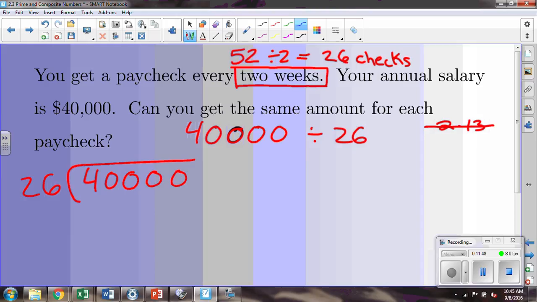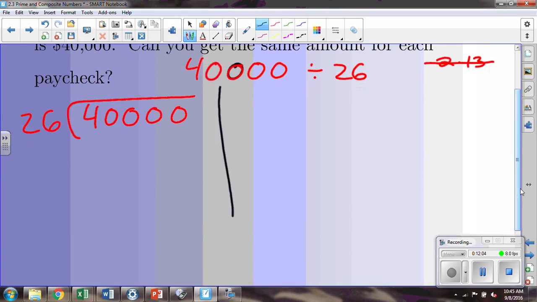A lot of students are going to prefer that method, especially if you've got a calculator handy. It's very quick just to hit it into the calculator, 40,000 divided by 26, enter, and then look. That's probably the fastest and the easiest way. But I would like to note that we can do it based on a factor tree. A factor tree gives us 2 times 13 for 26.